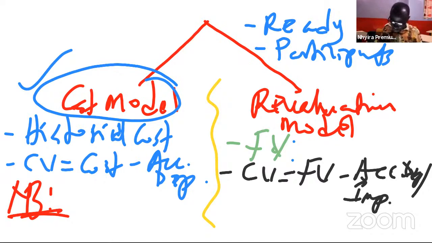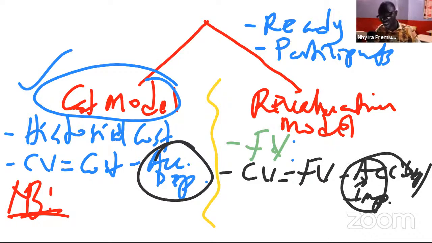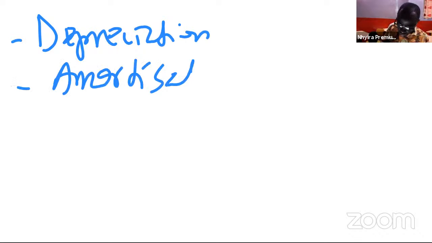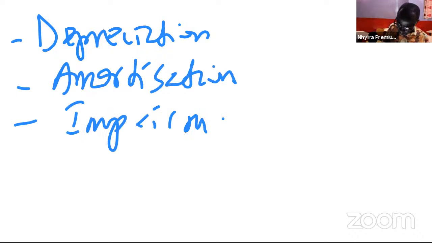Now, one thing stands out here, and you can see depreciation. So let's talk a little bit about depreciation. But before I go into depreciation, there are other things that I would want to help us understand and define: depreciation, amortization, impairment, and depletion.